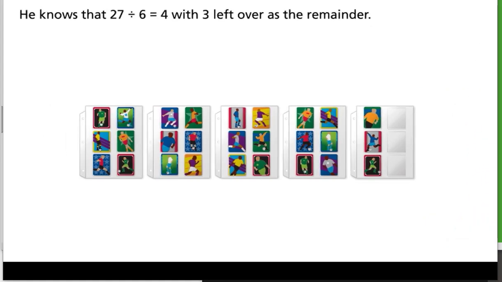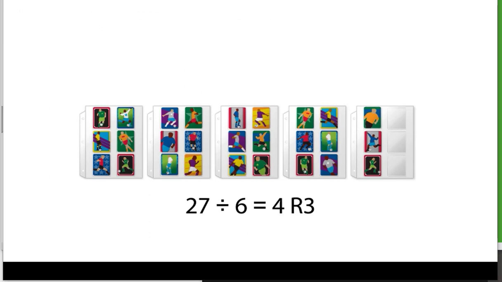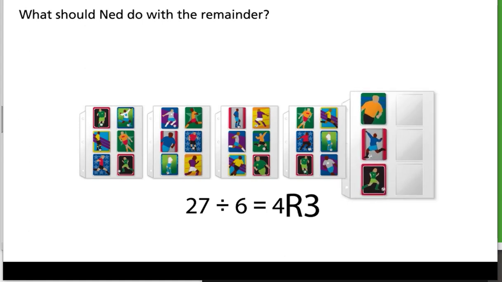He knows that 27 divided by 6 equals 4, with 3 left over as the remainder. Use an R to write a remainder. 27 divided by 6 equals 4 remainder 3. What should Ned do with the remainder?